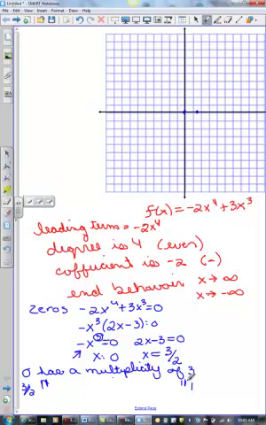So what we need to do now is take those zeros and divide that x-axis into 3 intervals.